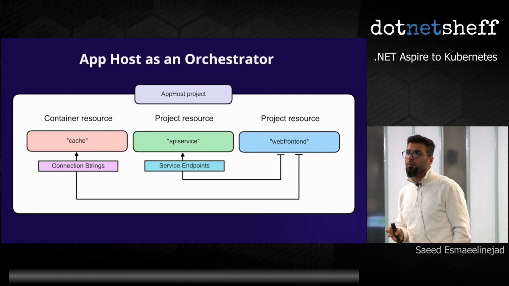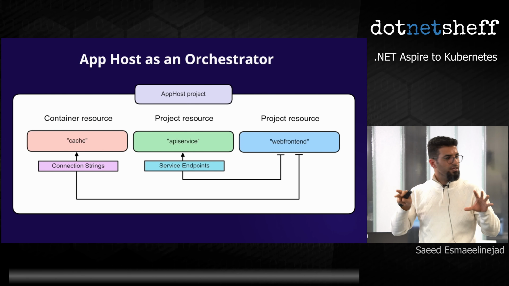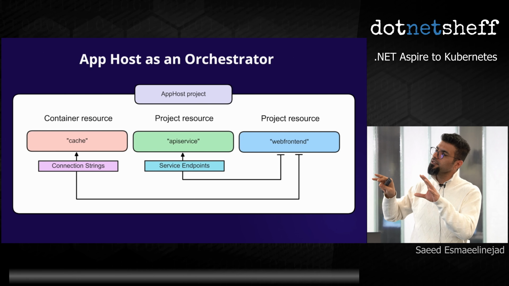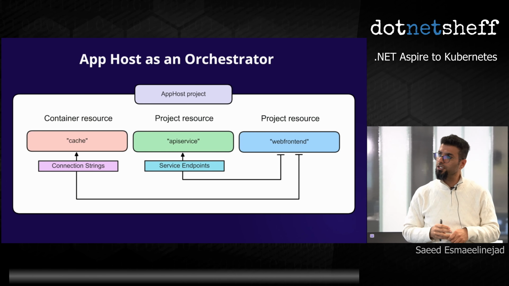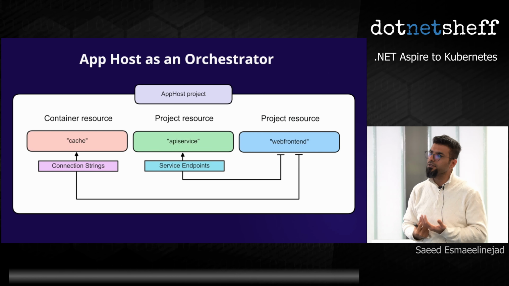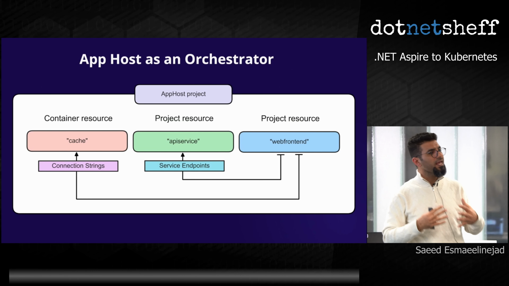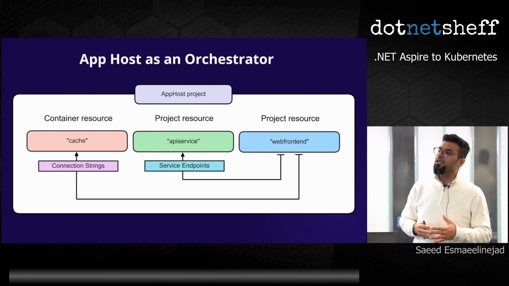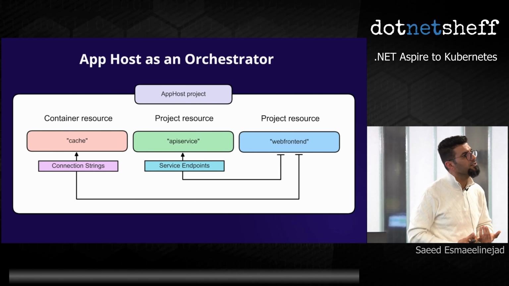AppHost is responsible for making sure everything is prepared for the web project to be able to call the API service and connect to the Redis, and you don't need to worry about service discovery.